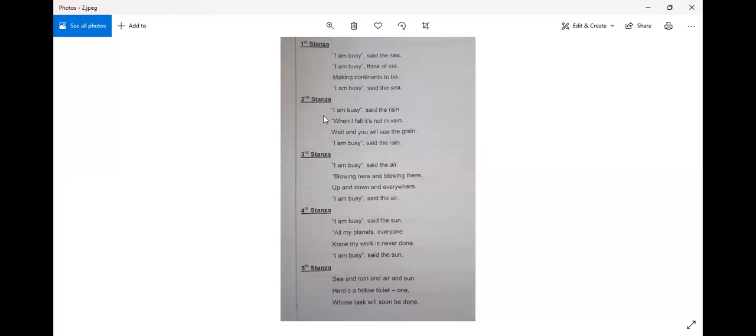The stanza number 2, the speaker should be rain. Speaker number 3 should be air. Speaker number 4, the sun. And speaker number 5 here should be the poet himself, speaking to the air, the sun, and the sea.